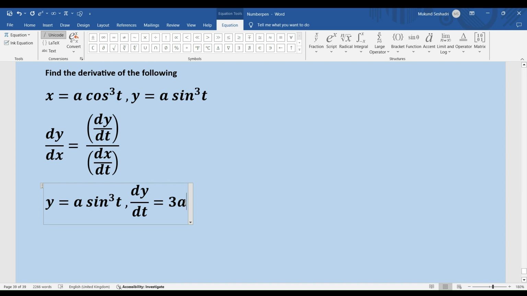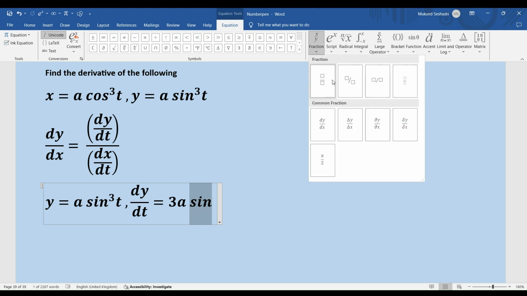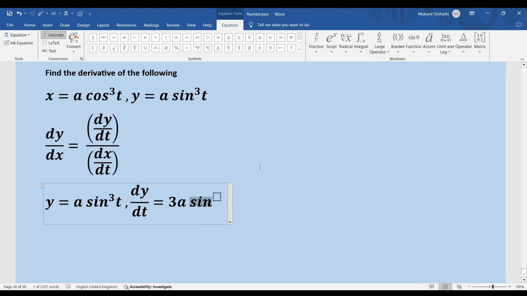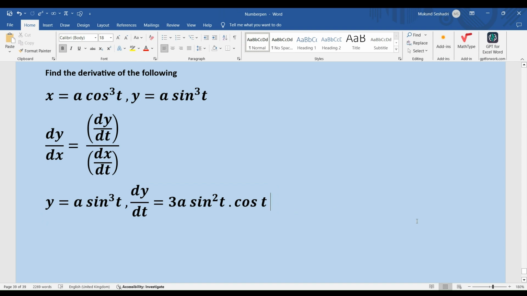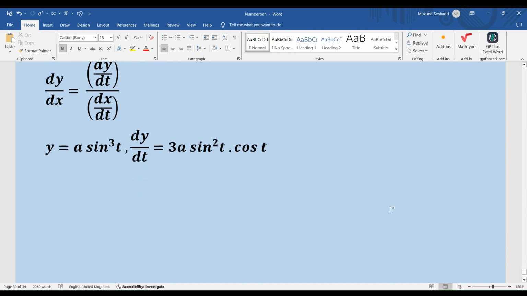And instead of x, I have my inner function here, which means I have 3a sine to the power 3 minus 1, which is nothing but sine square t, right? Sine square t. And it's not yet over because I have an inner function called sine. And I differentiate that, I get a cos t, right? So this is my dy by dt, step 1.